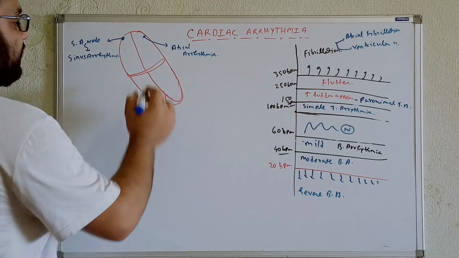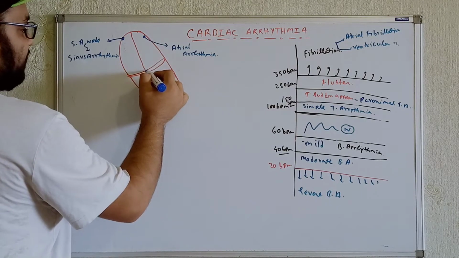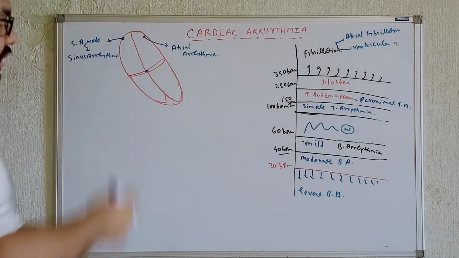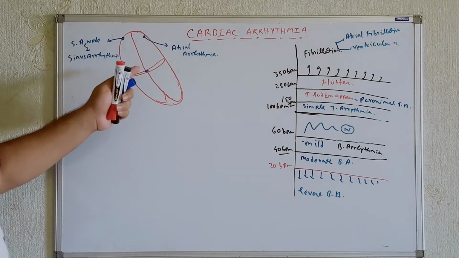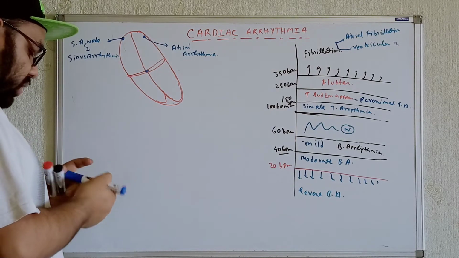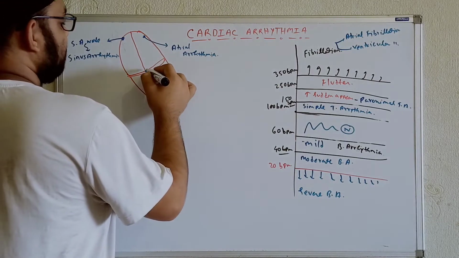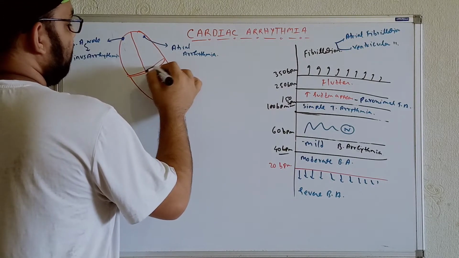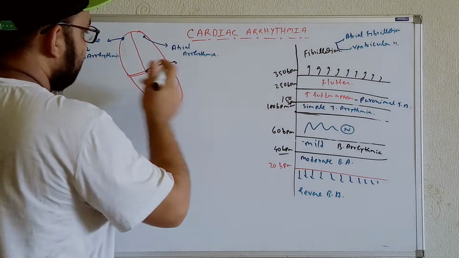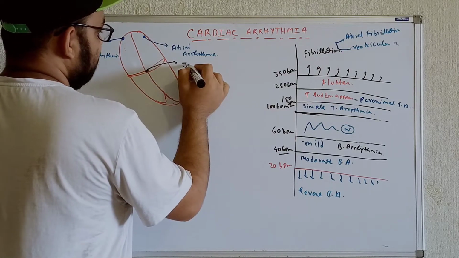Okay. Now, for example, if we get any kind of arrhythmia, any kind of problem or development of the arrhythmia at the level of the AV node, that is known as the junctional node. So we can write over here that we get junctional arrhythmia.